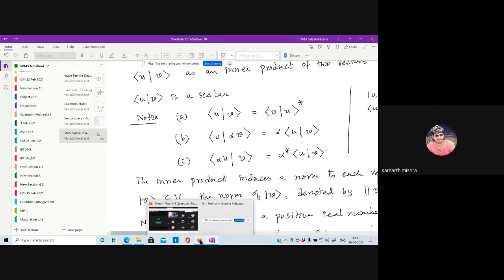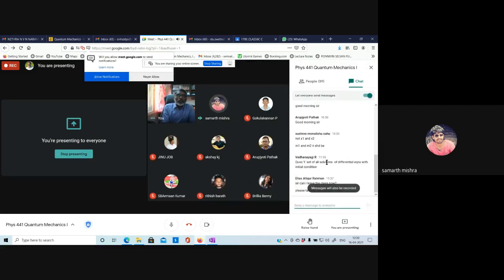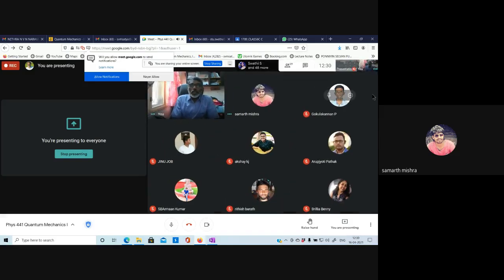I have one more question. In the whole formalism of vector space, linearity is taken into great account. So can we say that a non-linear vector space doesn't exist, or is there some other formalism for it? Vector space is by definition linear. There is no nonlinear vector space.